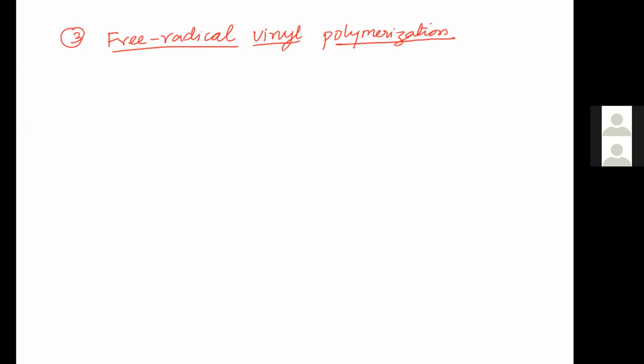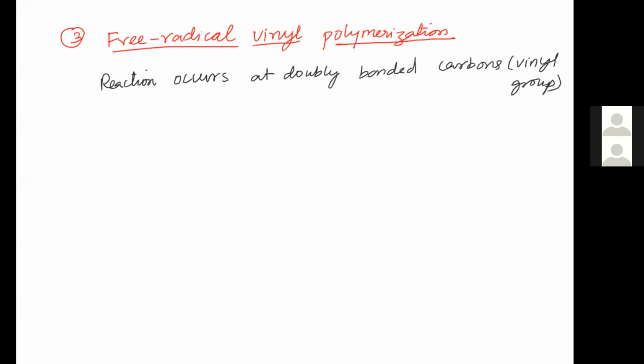Same like other, free radical vinyl polymerization, what happens? So we have initiators for this polymerization, initiators like peroxide. What happens here is the reaction occurs at doubly bonded carbons. That is the vinyl groups.